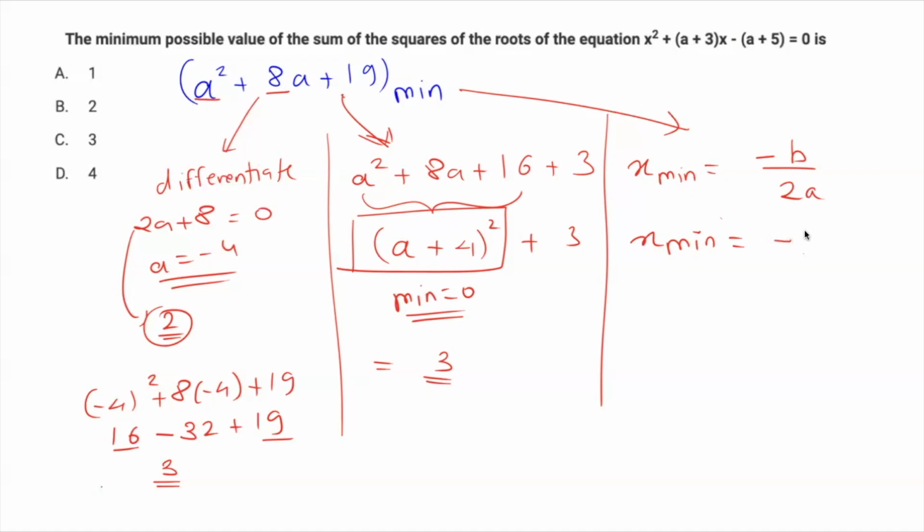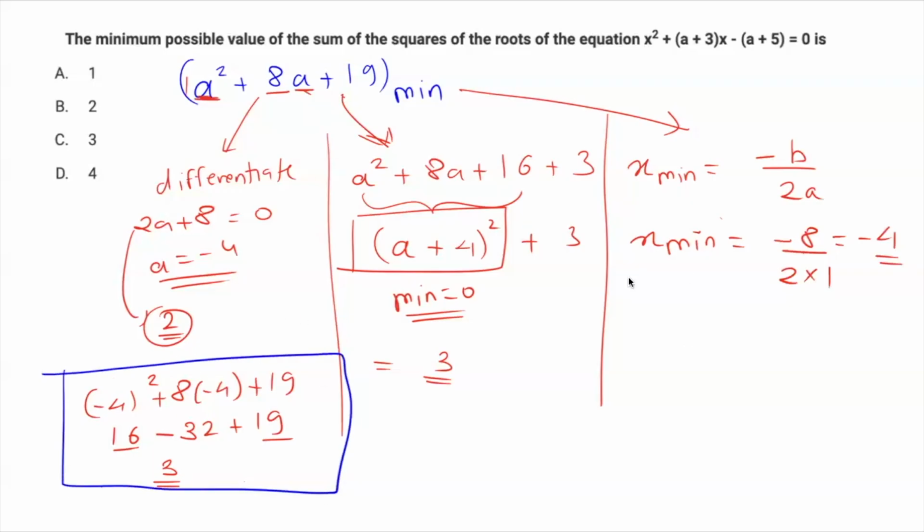So it is minus of 8 upon 2 into the coefficient of a square, which here is 1. It is minus 4. And again, substituting x equal to minus 4, or in this particular context, the variable is a, substituting a as minus 4, we get the minimum value of the quadratic. And this we have already done here, right? Same way we get the answer as 3. Different ways, we'll get the same answer in all the cases. The answer would be option C.